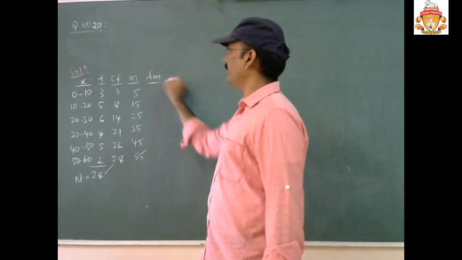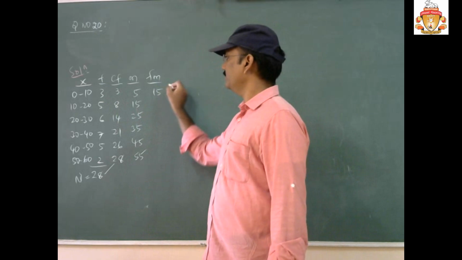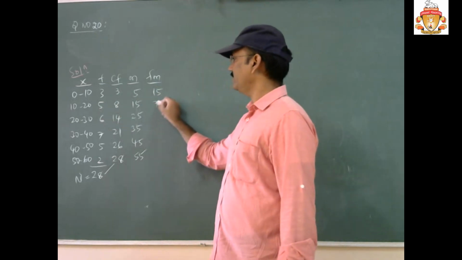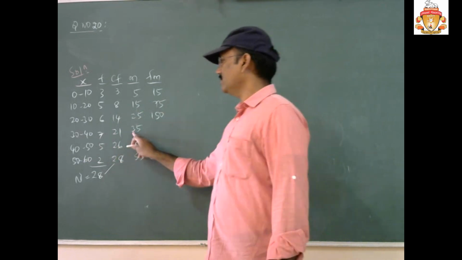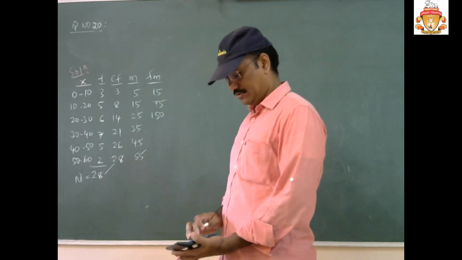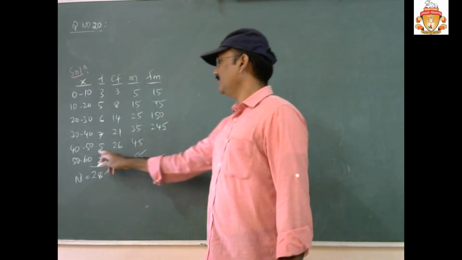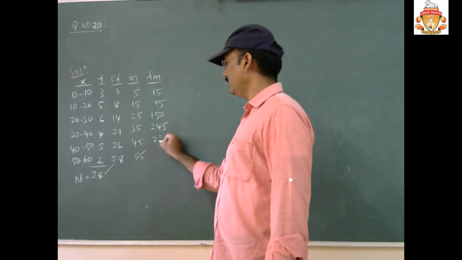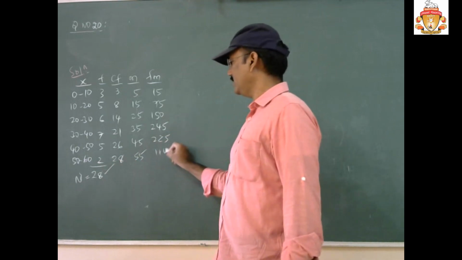Then f into m, fm for mean purpose. 3 5s are 15, 5 15s are 75, 6 into 25, 150, 7 into 35, 245. 5 into 45, 225. Then 2 into 55, 110.